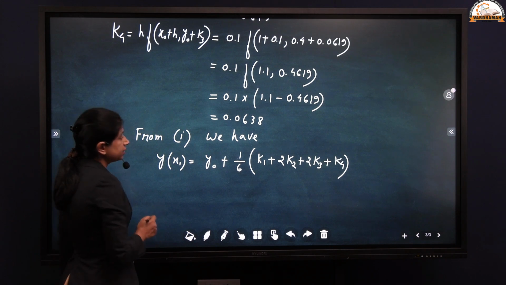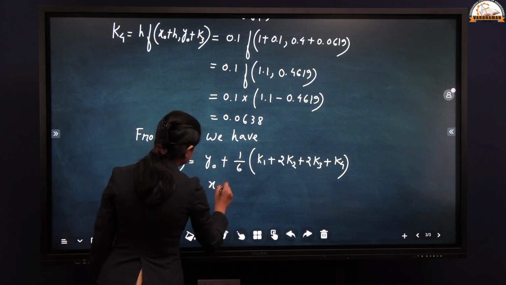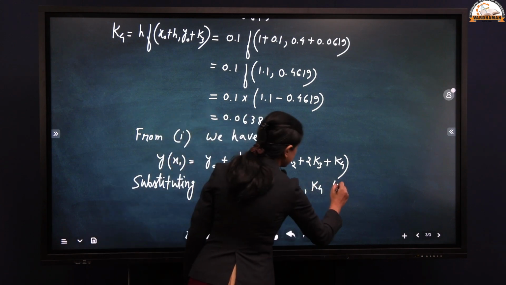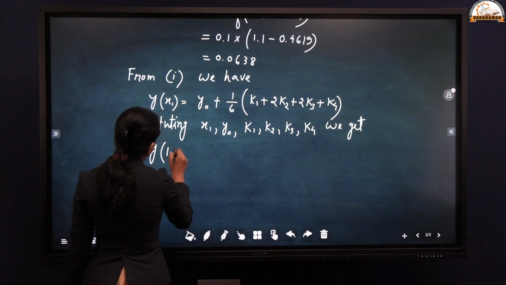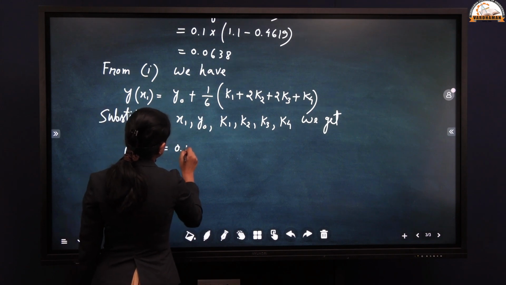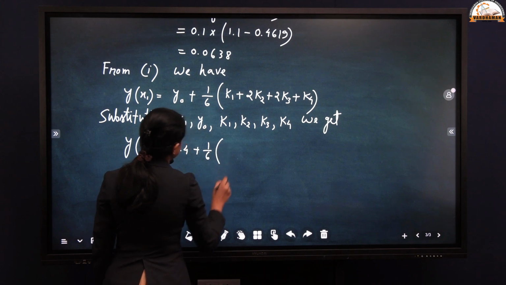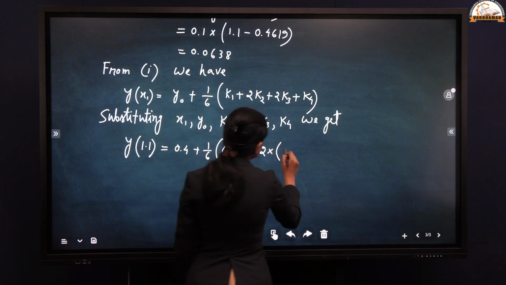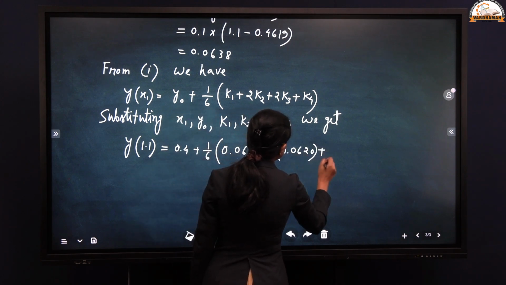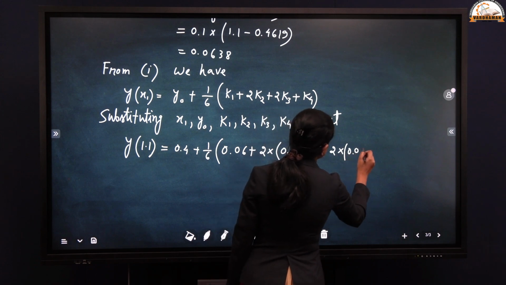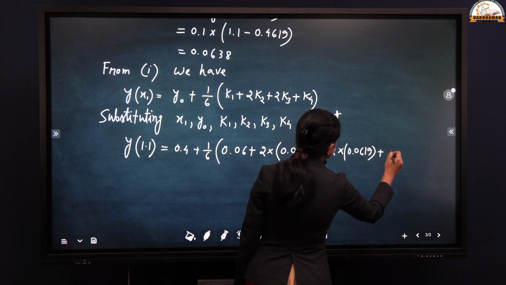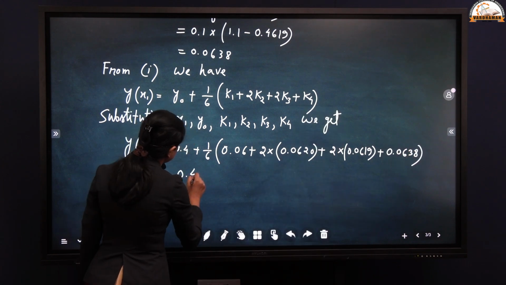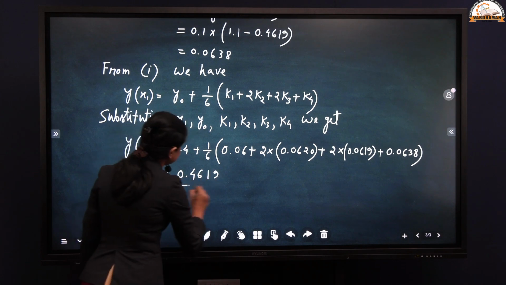Now substituting x1, y0, k1, k2, k3, k4, we get y at 1.1 equal to y0 is 0.4 plus 1 by 6, k1 is 0.06 plus 2 into k2 is 0.0620 plus 2 into k3, 0.0619 plus k4 is 0.0638, which is equal to 0.4619, which is the required answer.